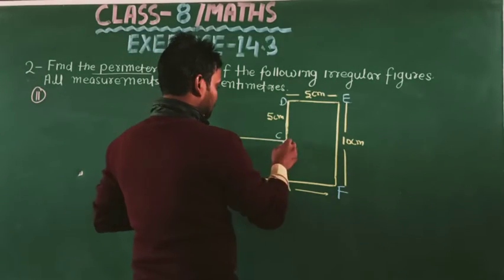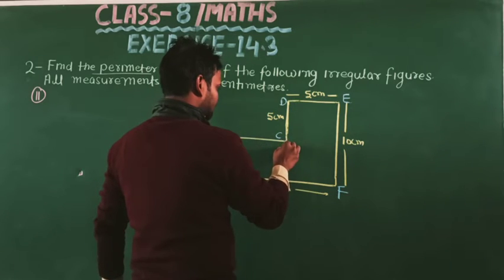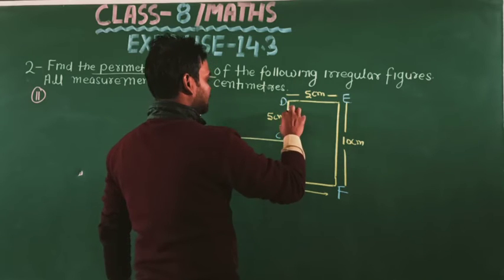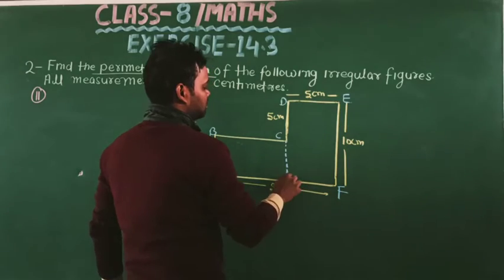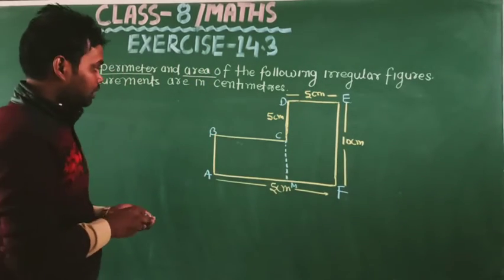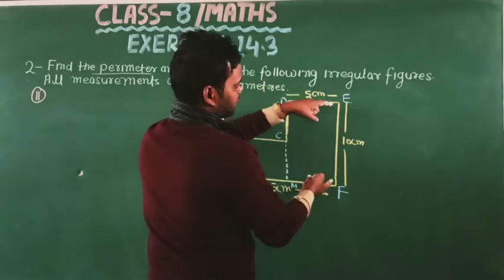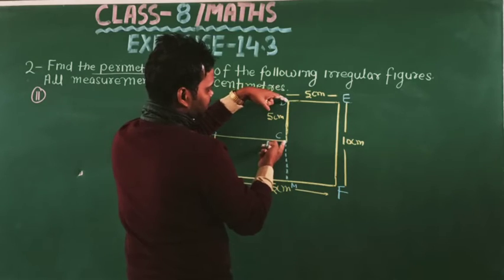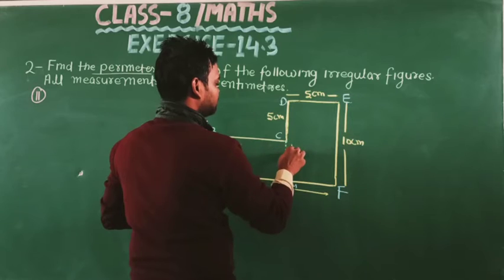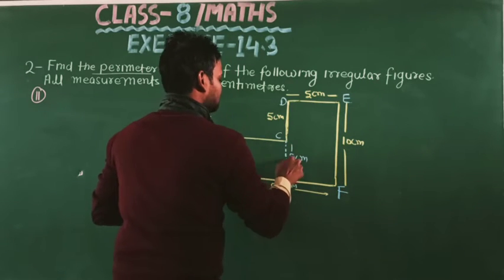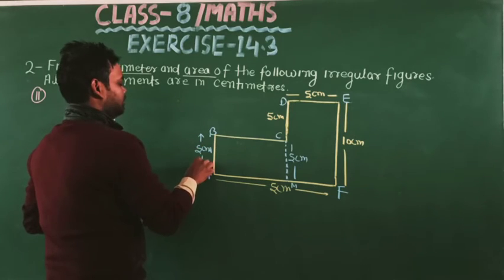So by drawing this line, CD extended to M. Let this be a point M. Okay. So the total distance is given as 10 centimeter and this is 5 centimeter. Then this will also be 5 centimeter. 10 minus 5, 5 centimeter. This is 5. Then this is also the same, 5 centimeter.